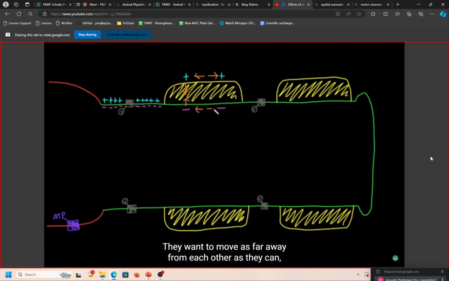They want to move as far away from each other as they can, so they're spread out much farther. You can store fewer charges or ions along both sides of the membrane because the distance between the opposite charges is farther away.